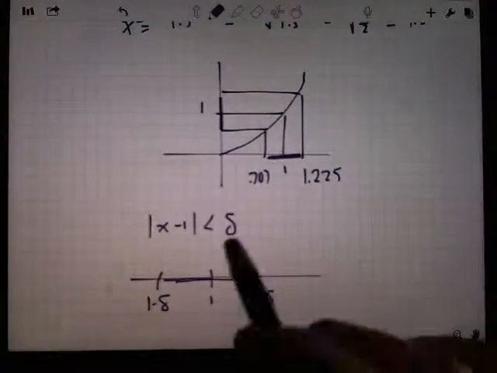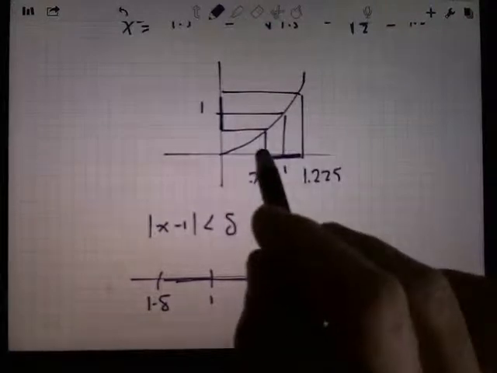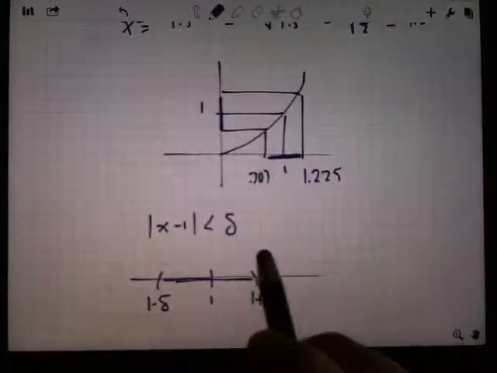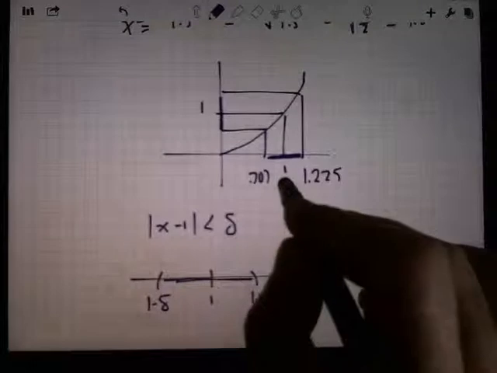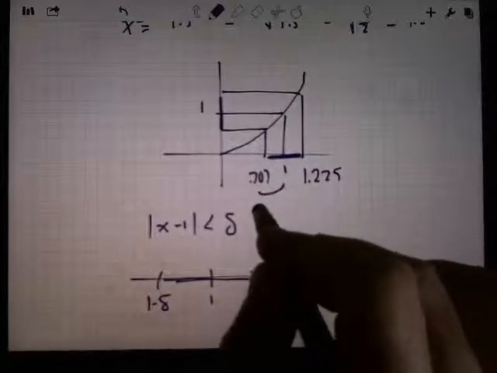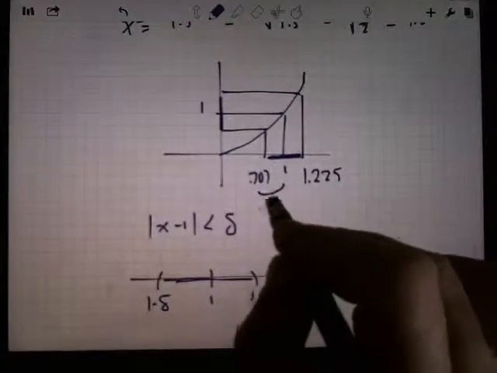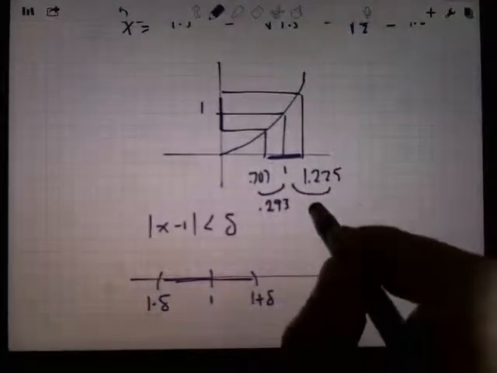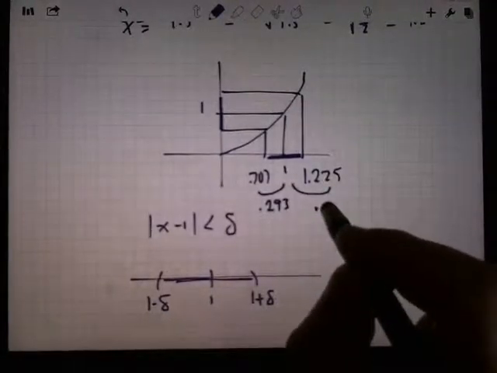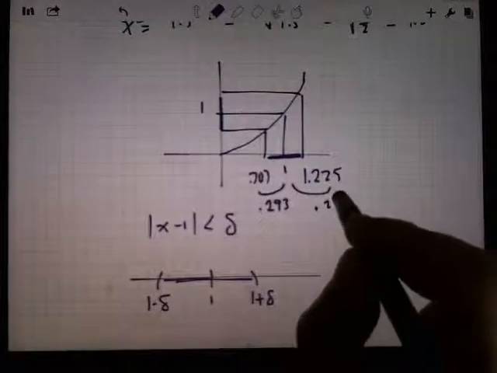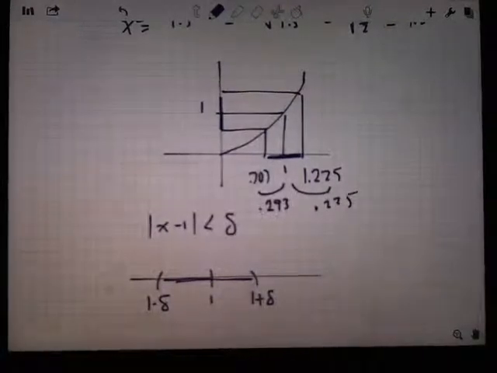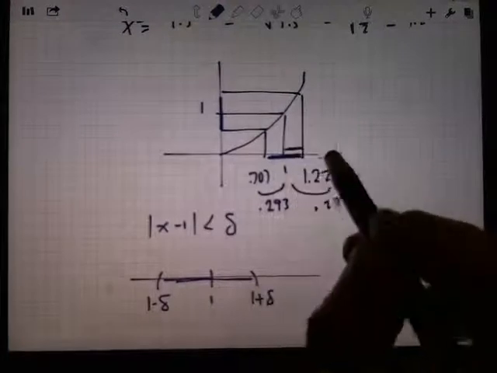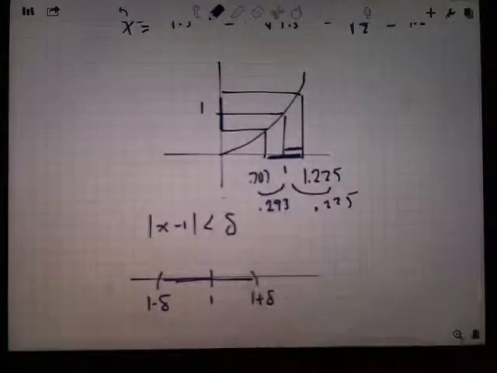Okay. These are all the x values that work, but this isn't necessarily centered at 1. That is, the difference here is 0.293-ish, and the distance here is 0.225, right? So this is actually a shorter distance on this side than it is on the other side.